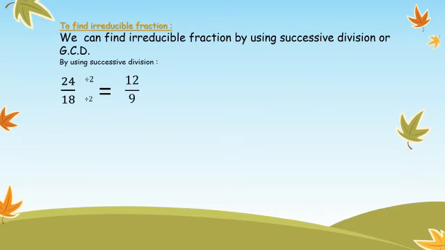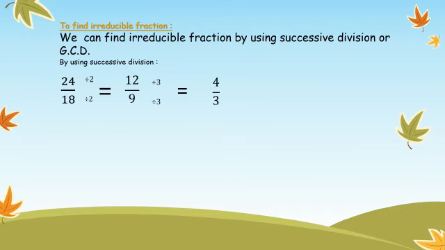In the number 12 we have even in the ones, and in the number 9 we don't, so we can't divide by 2, but we can divide 12 and 9 by 3. So we have a common divisor. We divide 12 by 3 and 9 by 3. 12 divided by 3 is equal to 4, and 9 divided by 3 is equal to 3.